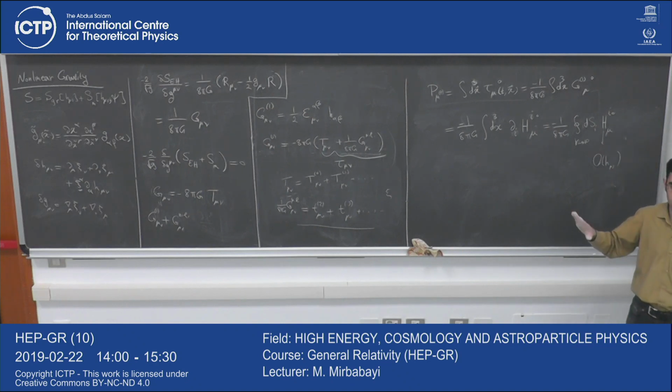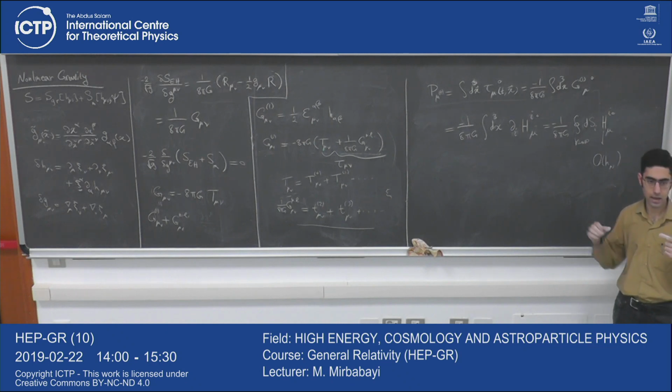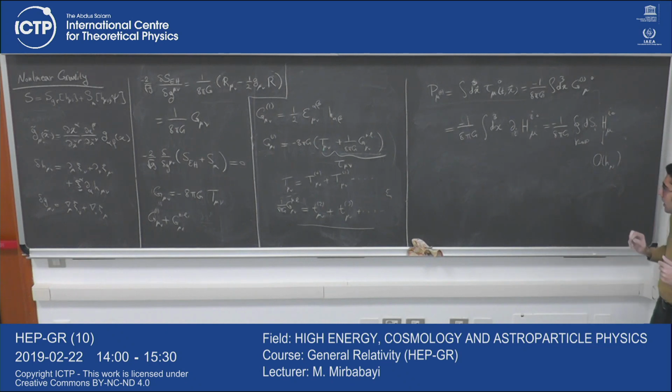When we go to these large distances, when h mu nu goes to 0, then we can linearize the metric, and we can use all of the machinery of the linearized theory.